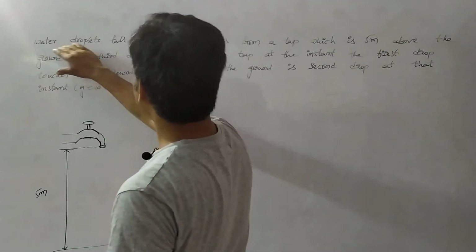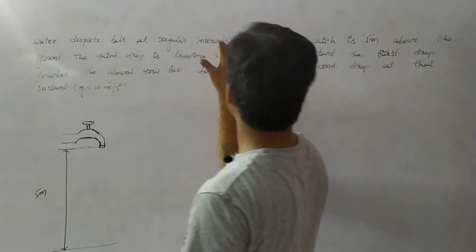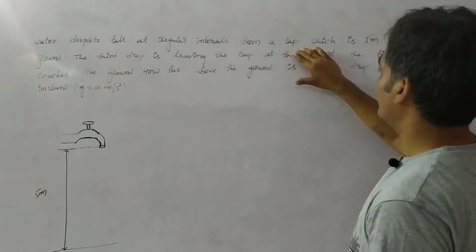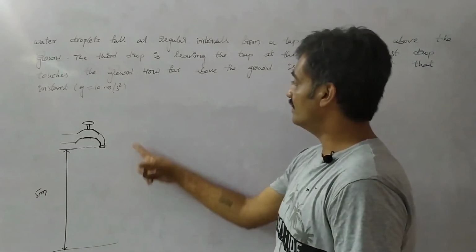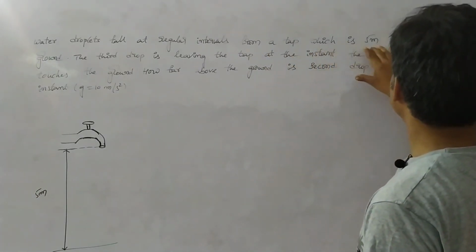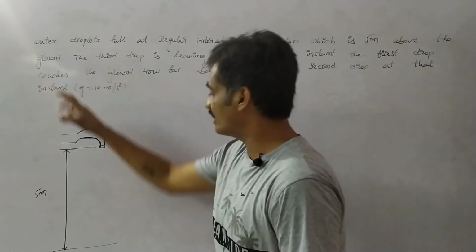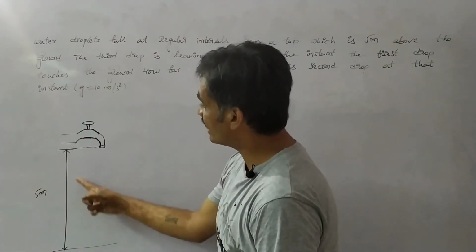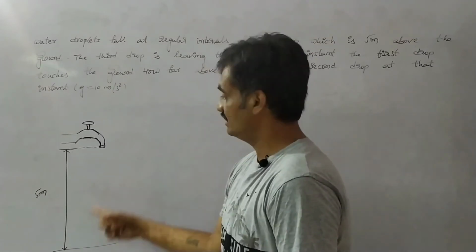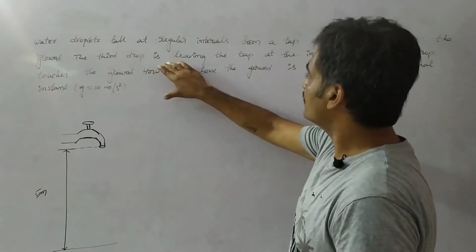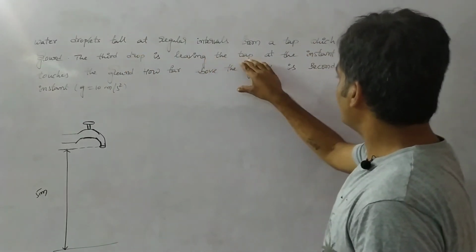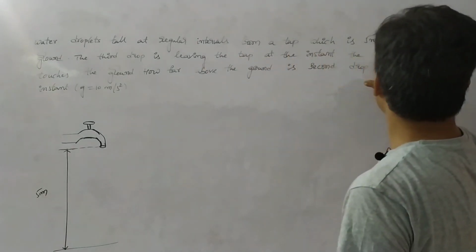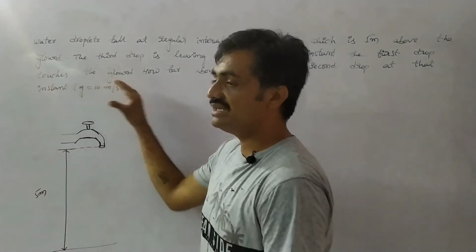Our next problem is: water droplets fall at regular intervals from a tap. So here we have a tap which is 5 meters above the ground. The third drop is leaving the tap at the instant the first drop touches the ground.